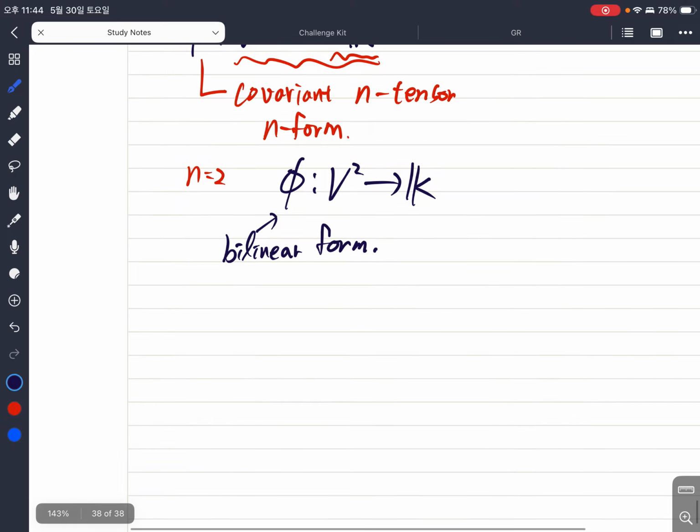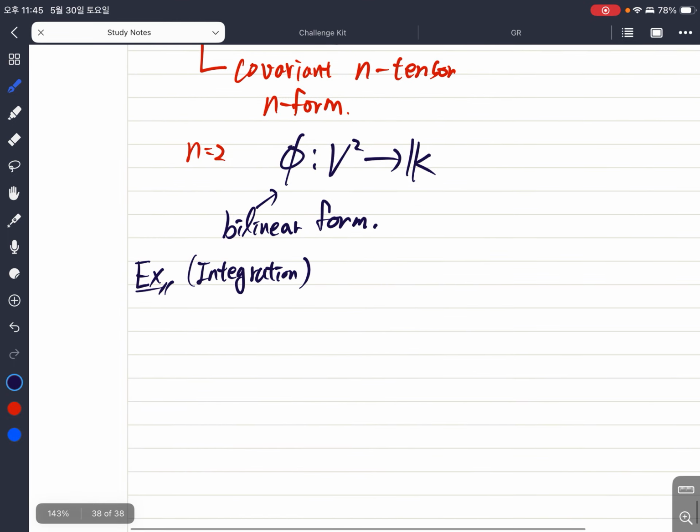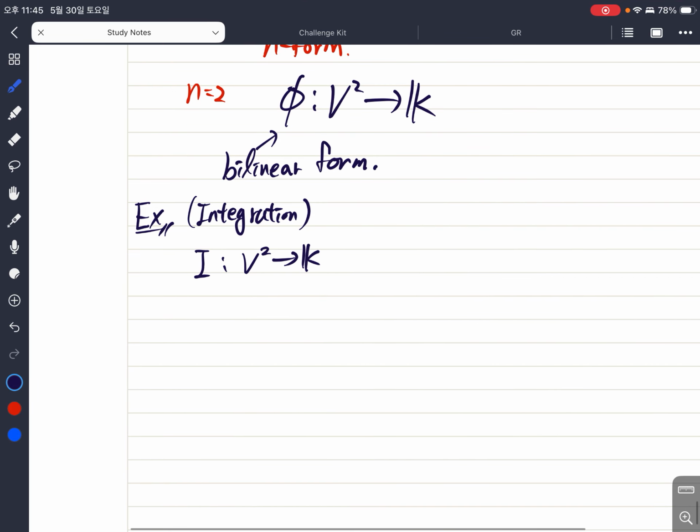And it's time to see an example. So again, integration. Let us say I is now from v squared to k, and also it is a definite integration. But now we have two elements, f and g, over 0 to 1. Oh, I forget.